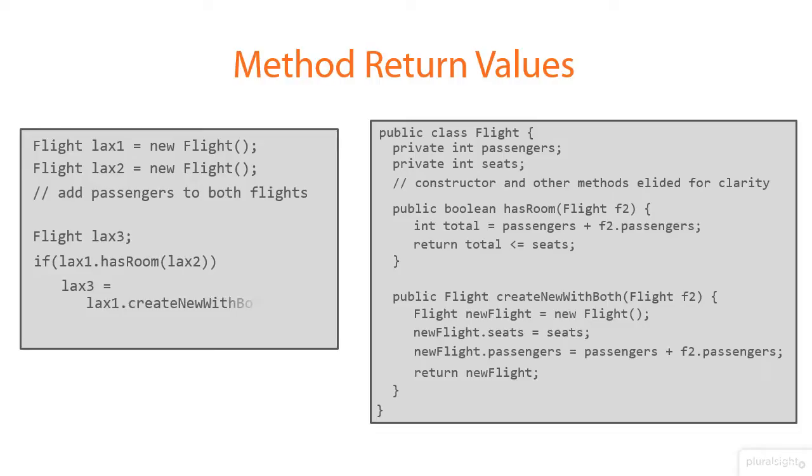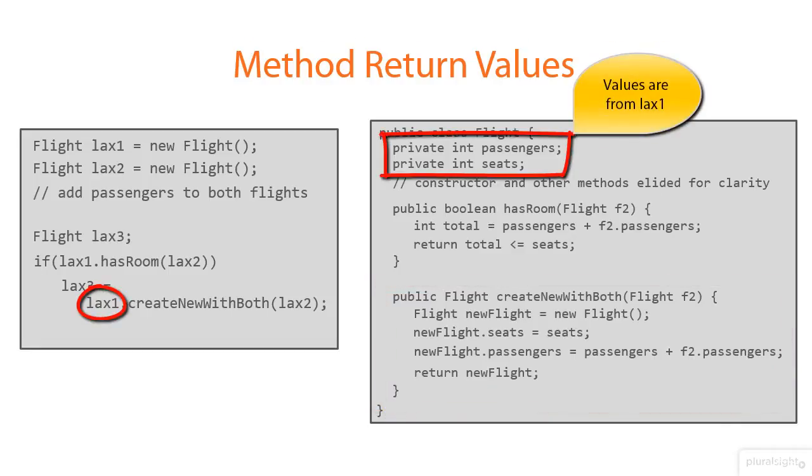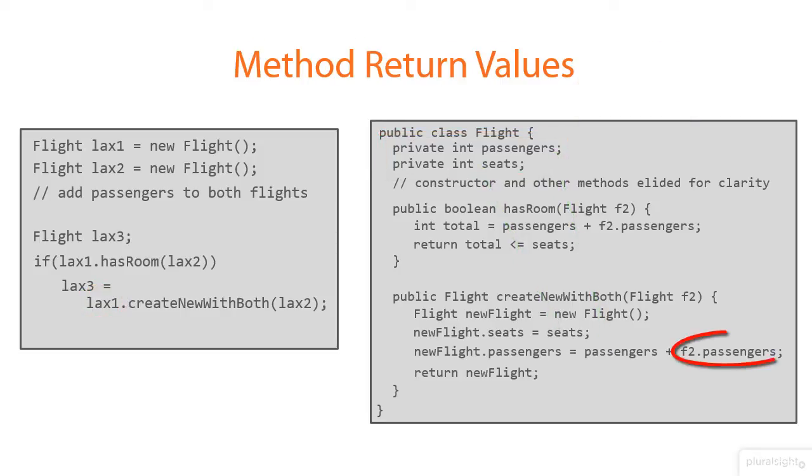Then we can go ahead and say lax3 equals lax1.createNewWithBoth, passing lax2. So now again, control transfers over to createNewWithBoth. Again, because we called this against lax1, anywhere we use seats or passengers unqualified, those are the lax1 values. f2's passengers will be the lax2 passengers.